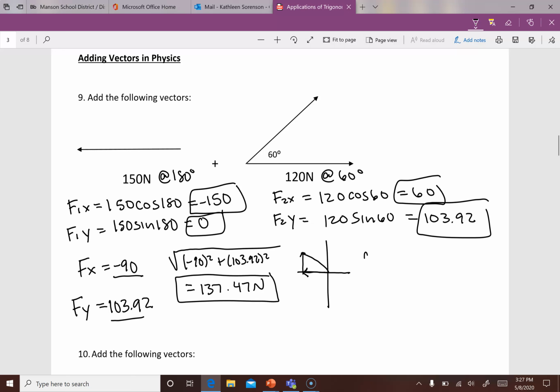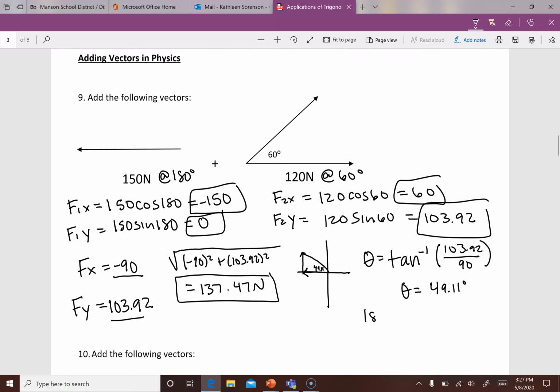So I'm going to do theta equals tan inverse. And I'm going to keep it positive. I'm a super positive person. And I'm going to do y over x, or 103.92 divided by my x of 90. And again, I'm keeping it positive, and when I do that, I get theta is equal to 49.11 degrees, which means that this is 49.11 in here.